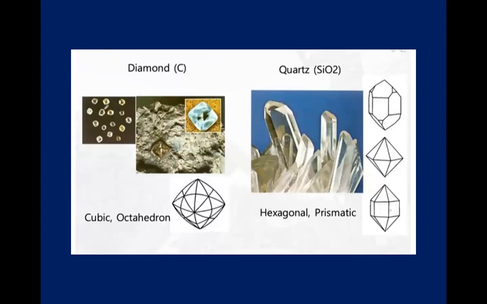Diamond is the high pressure variety, as we just talked, and it has similar crystallographic orientations. But quartz has a different crystallographic orientation because the axes are different, so anisotropy is there in quartz very easily, while isotropy is there in diamond, right?